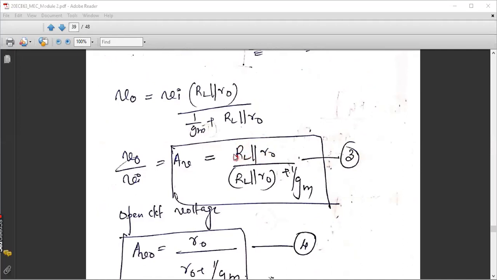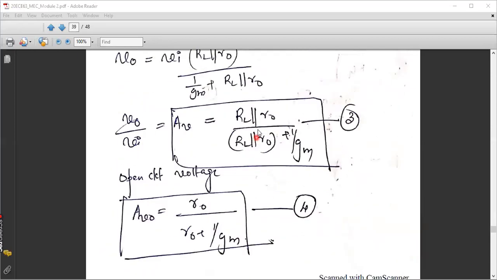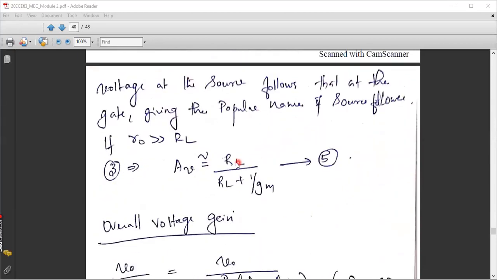So if I take a low load resistance, of very low value when compared to R0, then the cumulative effect of RL parallel R0 can be approximated as RL alone. For example, 1 ohm and 100 ohm in parallel give an effective value of 1 ohm only. That is, the effective value will be equivalent to the smallest value. So here I have assumed a low value load resistance when compared to the output resistance R0, so RL parallel R0 can be approximated as RL.